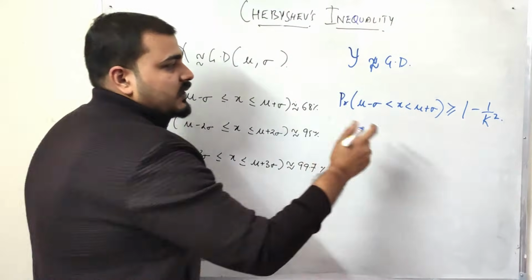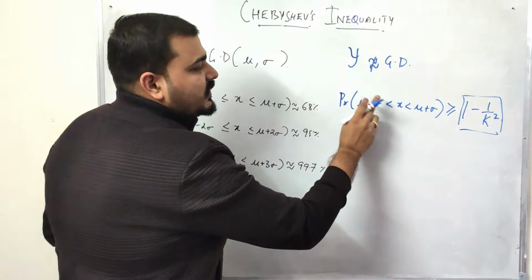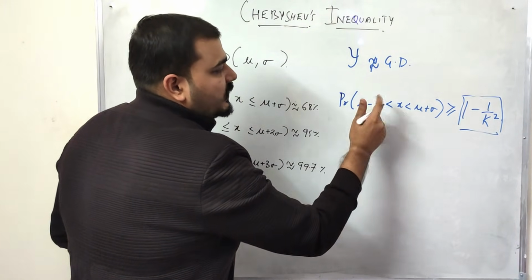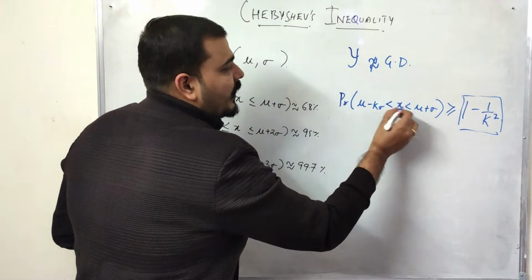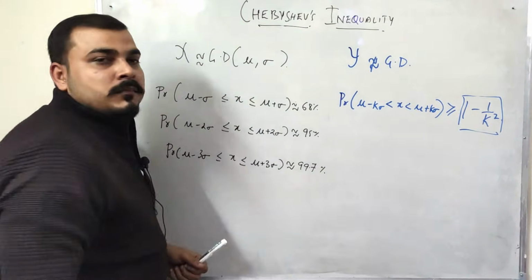I will make a small change here: instead of writing just first standard deviation, I will write this k value, so mu minus k sigma to mu plus k sigma.